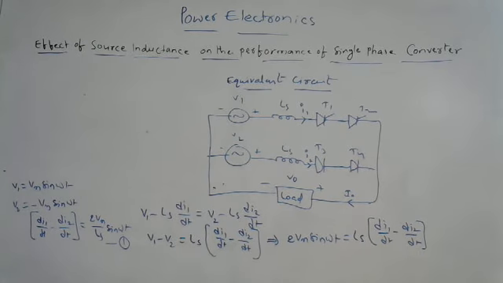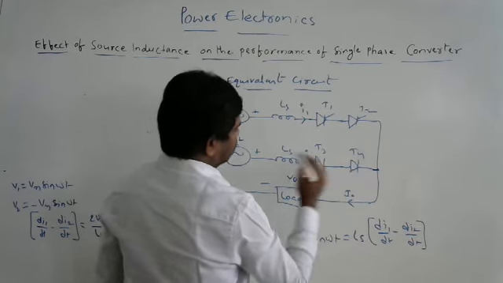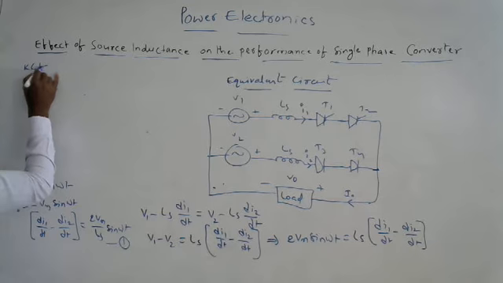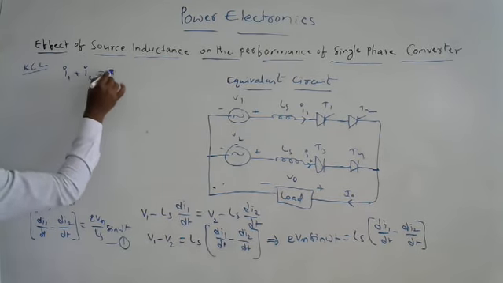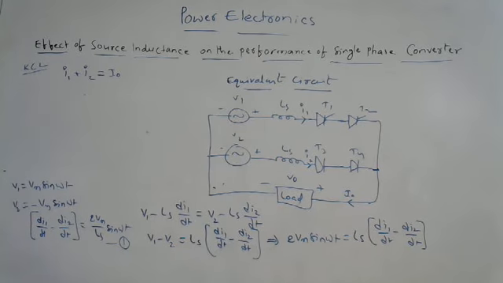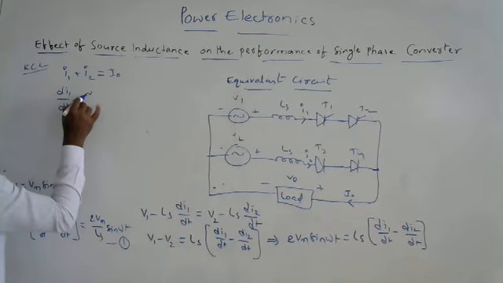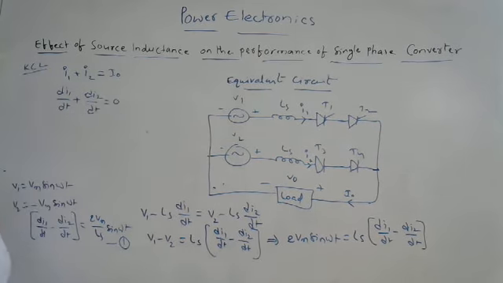Next, as I said, this current is I1, this current is I2. When you apply KCL here, I1 plus I2 is equal to I0. I1 plus I2 is equal to I0. What I am doing is differentiating this KCL equation: di1 upon dt plus di2 upon dt is equal to 0, since the constant becomes 0.